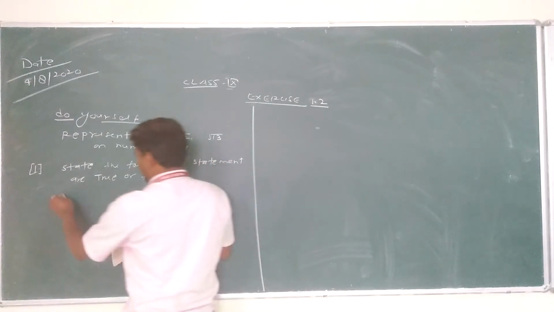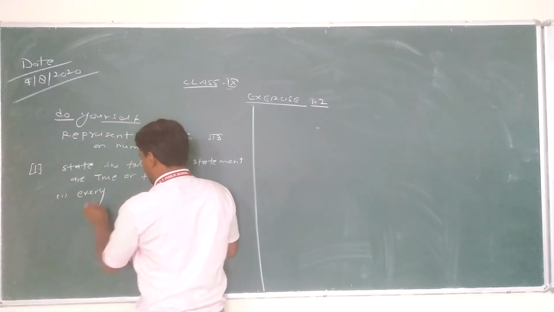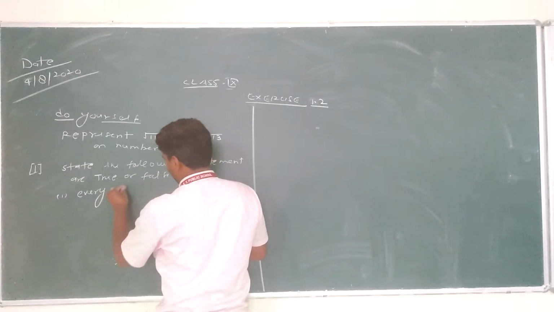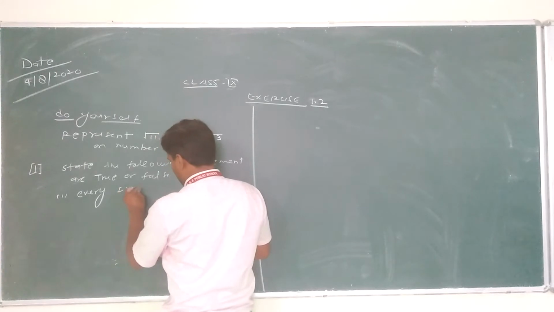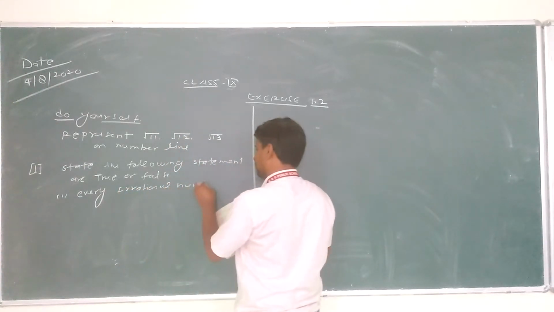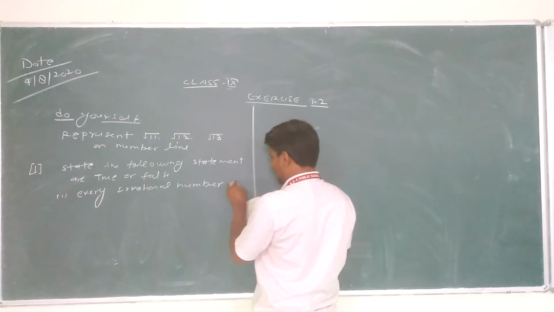Like the first part: every irrational number is a real number.